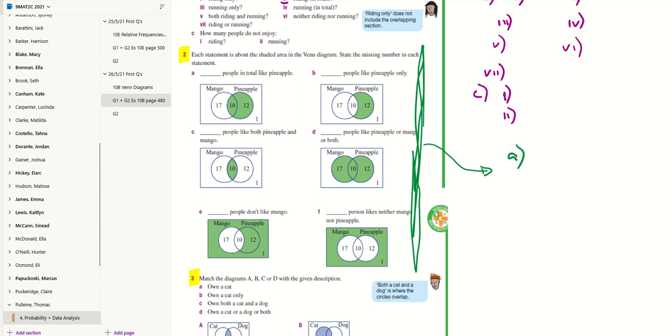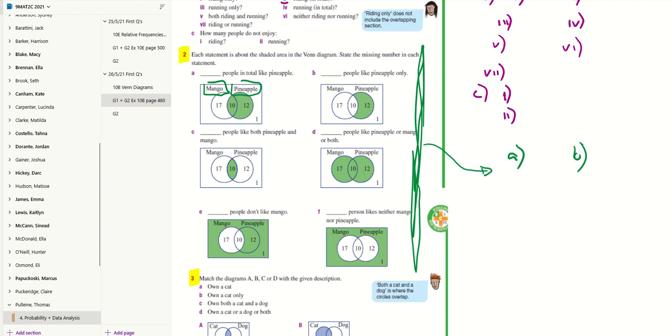Now the first one, so this first question, the left one is mango, the right one is pineapple. It's asking you how many people in total like pineapple. Pineapple is the right circle. B is how many people like pineapple only?